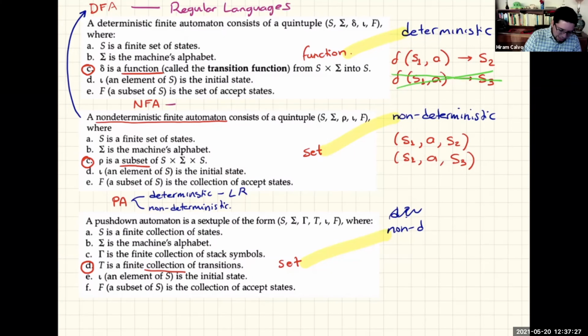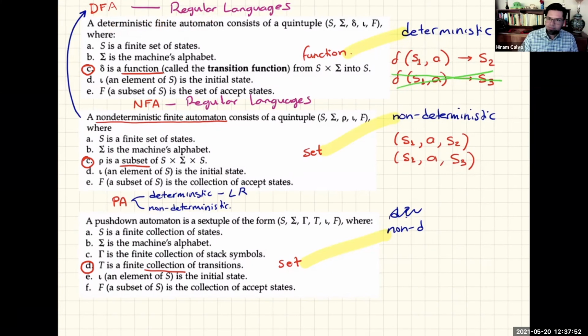NFAs recognize the same regular languages. Therefore, because you can always convert a non-deterministic finite automaton into a deterministic finite automaton, regular languages are deterministic by nature or by definition, which is better.